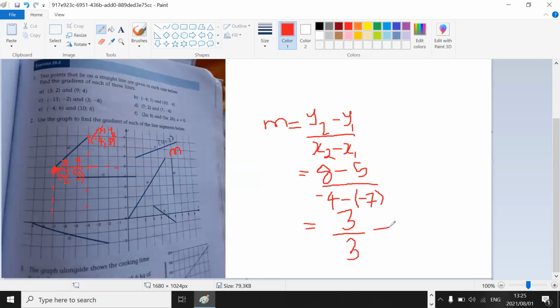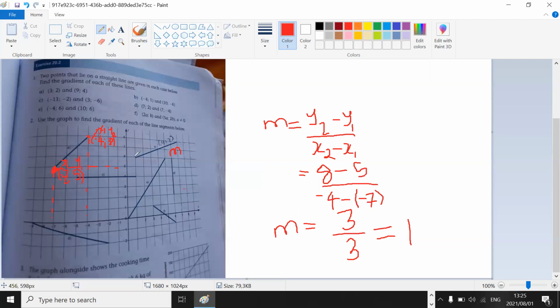So 3 divided by 3 gives 1. We now have the gradient of that specific straight line. The gradient of that line is equal to 1. Is it clear to you? Yes. All right, wonderful. We do the same with all these straight lines.